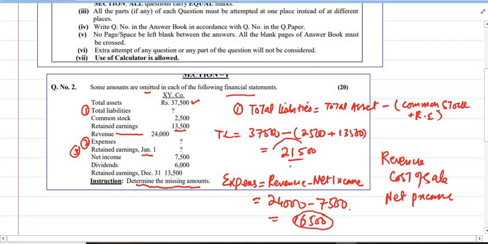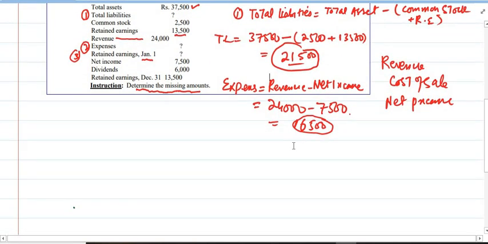Now the last one is the retained earning at the beginning. Let me discuss the concept of retained earning. Retained earning represents the accumulated profits that a company has retained over time after paying dividends to its shareholders. The calculation for retained earnings involves these steps. First, start with the beginning balance, which is not given here.